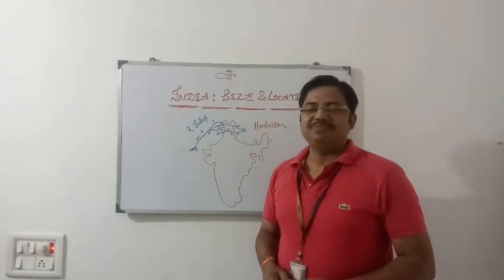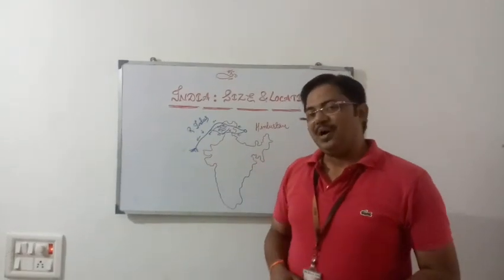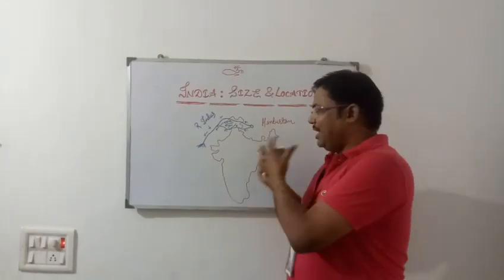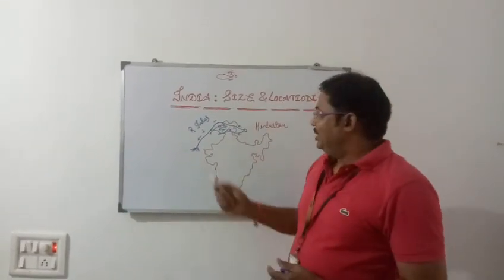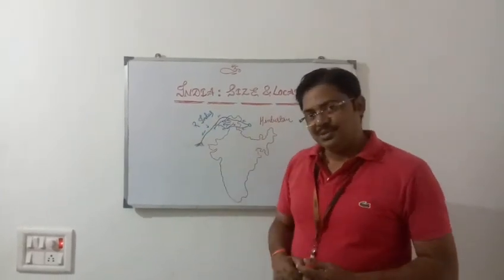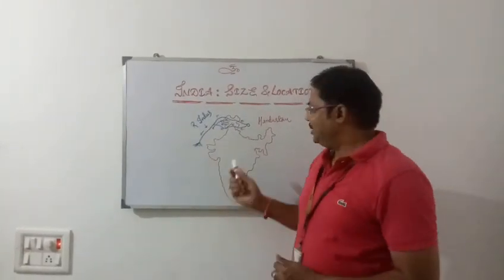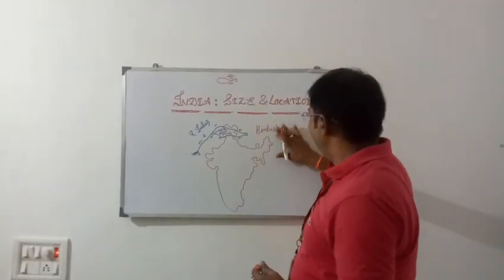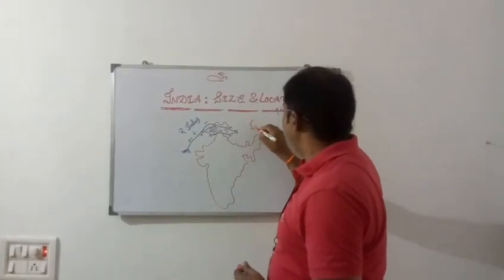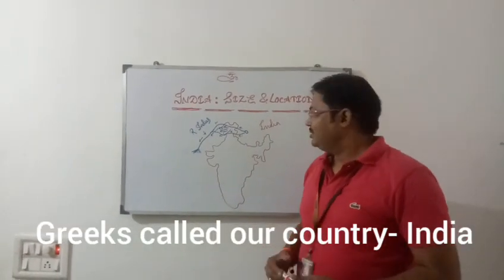During the invasions of the Greek rulers, river Sindhu was called river Indus. When they won this place, they came by this way, crossing the Indus. So, on the name of the river Indus, they started calling it India.